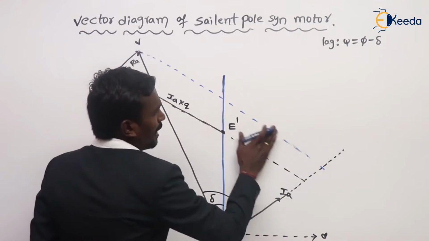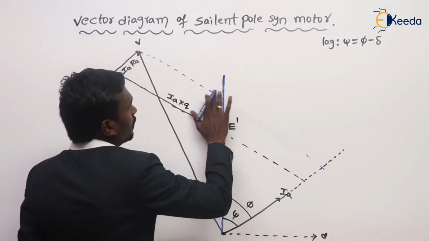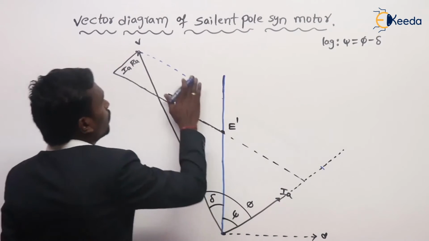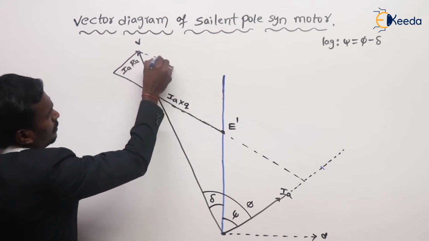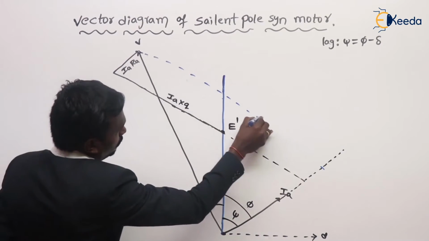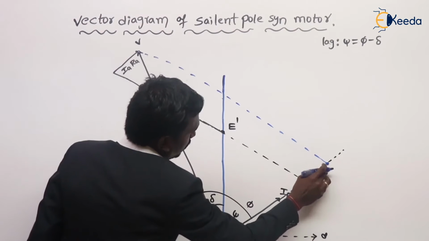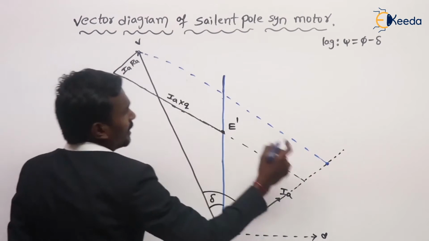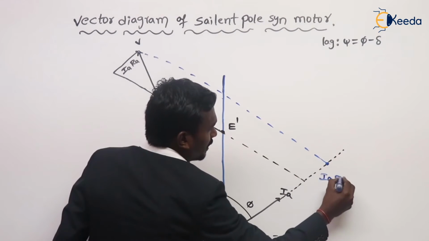These two should be parallel. Is it okay? Right. If this is IA RA, this is also IA RA.